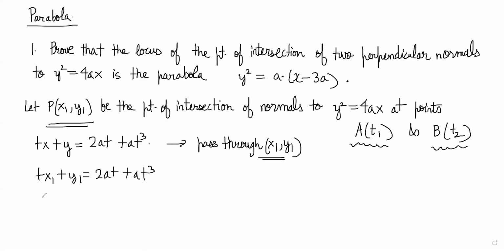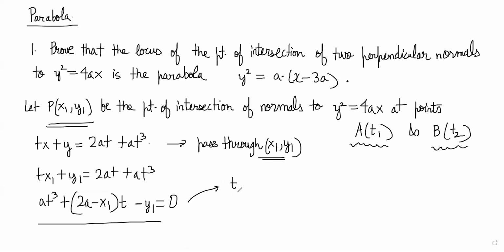And this is going to become a cubic equation, at cube plus 2a minus x1 t minus y1 is equal to 0. This is a cubic equation and it will have roots t1, t2 and t3. So actually there are two normals, t1 and t2 from here, and there is actually a third normal also that we are not talking about in this problem. So two normals are given.